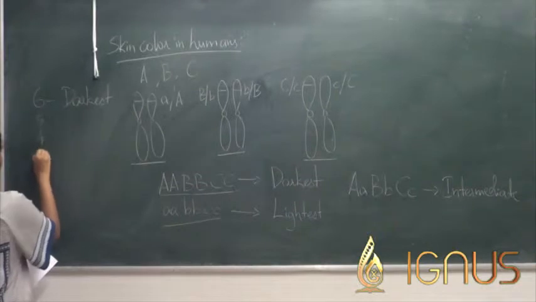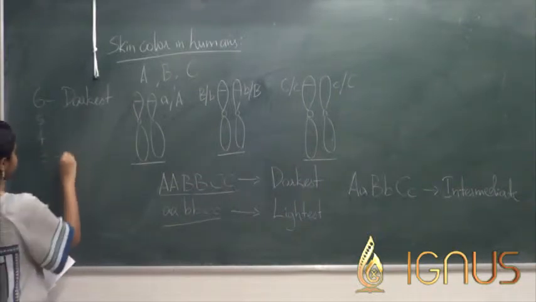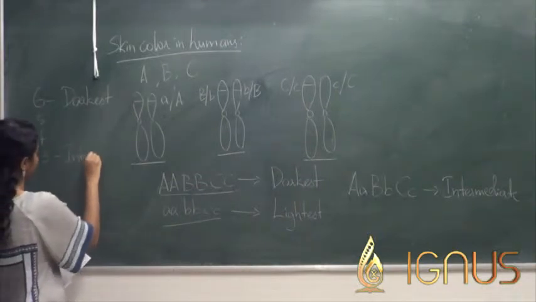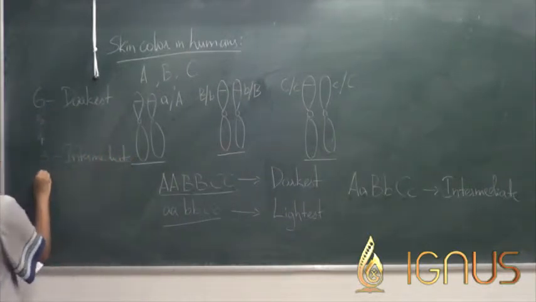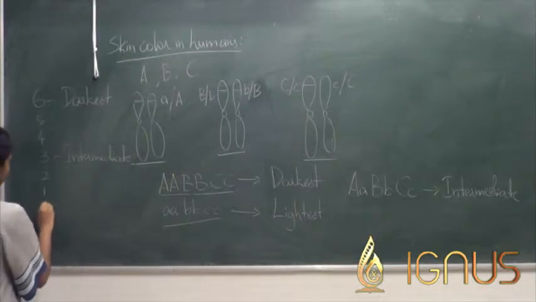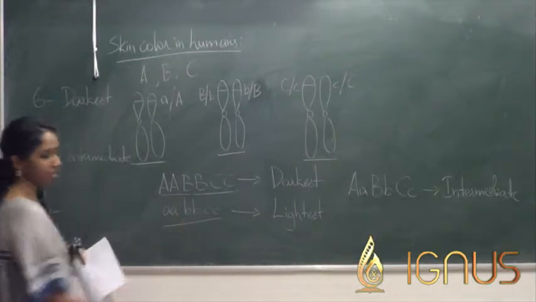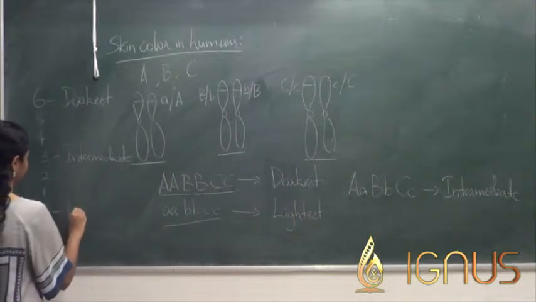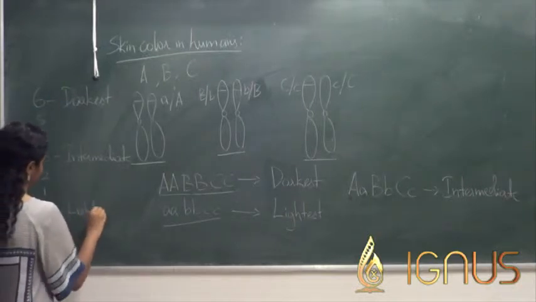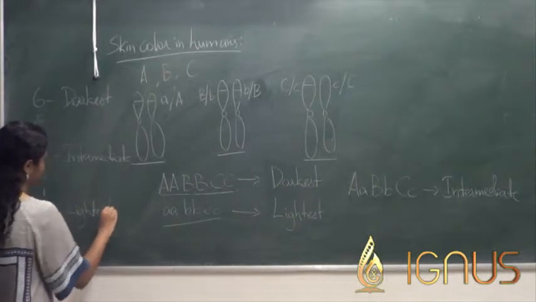And if none of them are dominant, like in the double recessive, then it is going to be the lightest skin color.